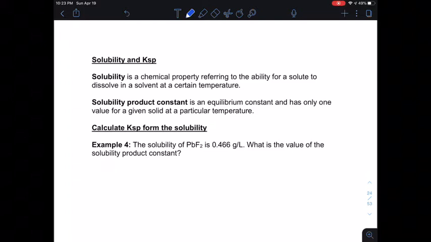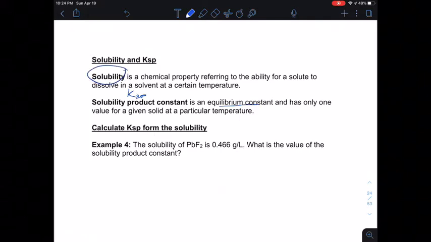The solubility product constant, that would be the KSP, is an equilibrium constant that has only one value for a given solid at a particular temperature. So if you know the KSP, you will know the equilibrium concentrations of the component ions of that chemical, and that therefore tells you the solubility of that chemical.